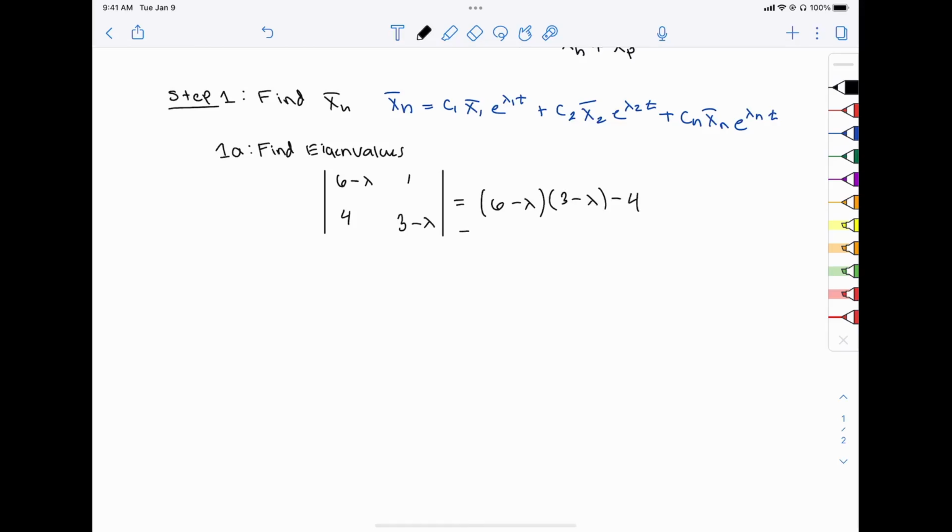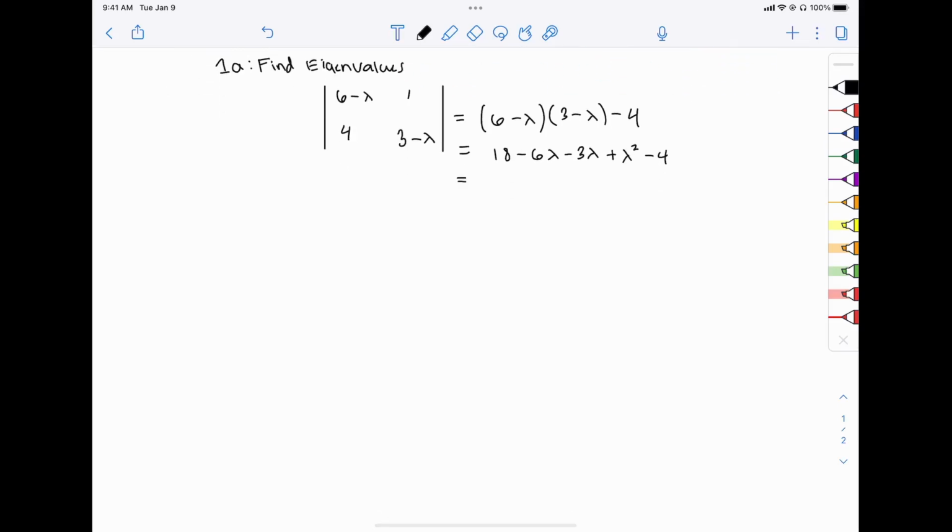Let's go ahead and FOIL it out. It's going to equal 6 times 3, which is 18, minus 6 lambda, minus 3 lambda, plus lambda squared, minus 4.